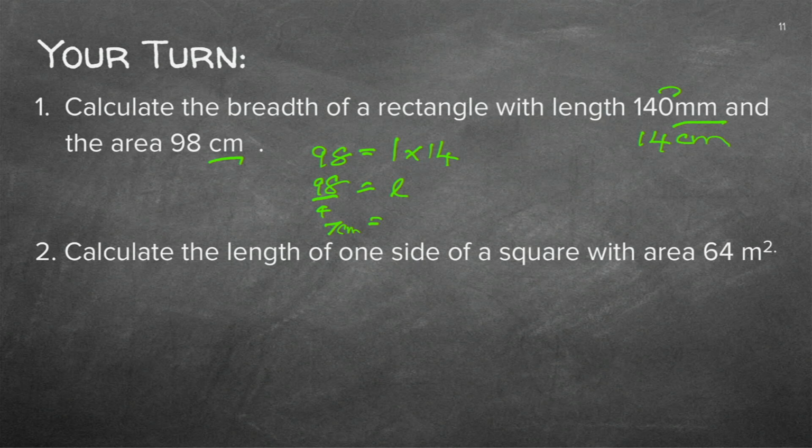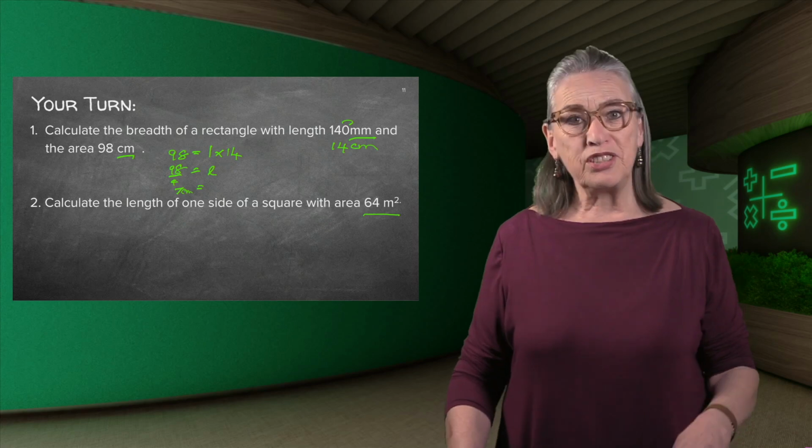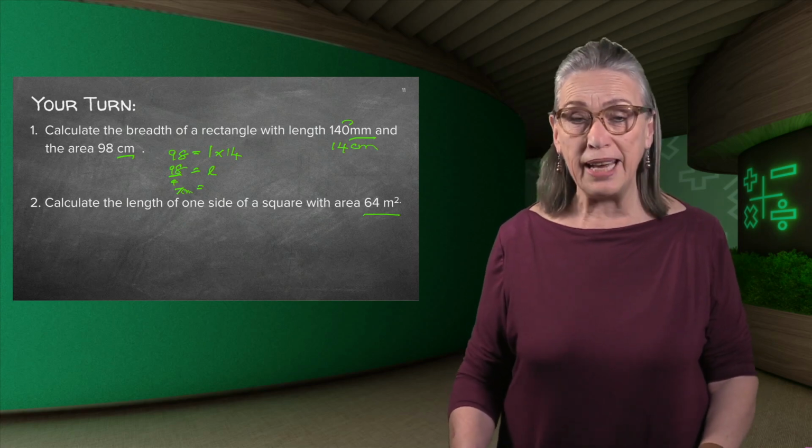Okay, right. Calculate the length of one side of a square with the area 64 meters squared. Now this should make you so happy, because remember way back when we did whole numbers and squares and exponents, I said it's important on your multiplication chart to memorize the first 10 or 12 square numbers.